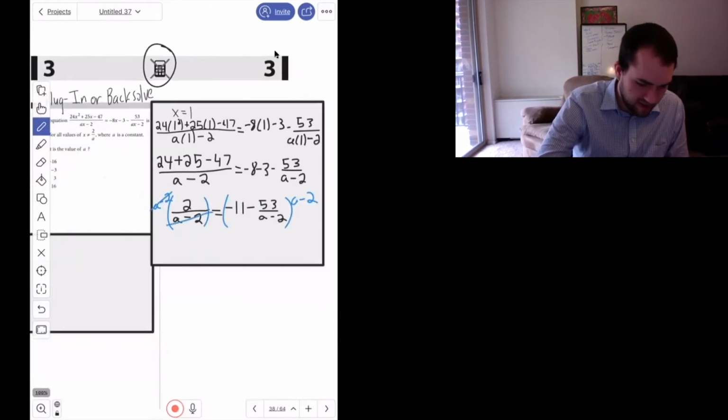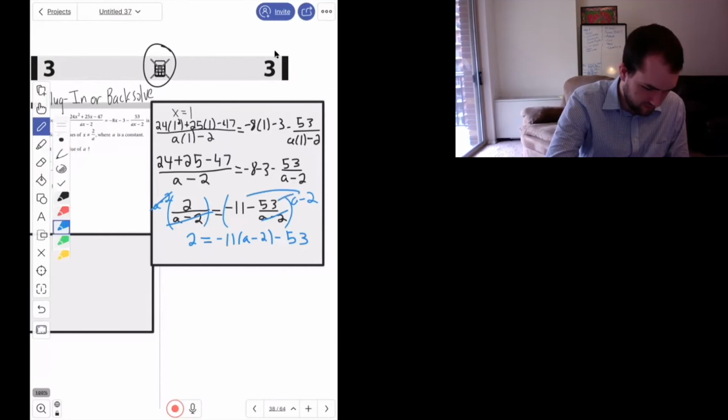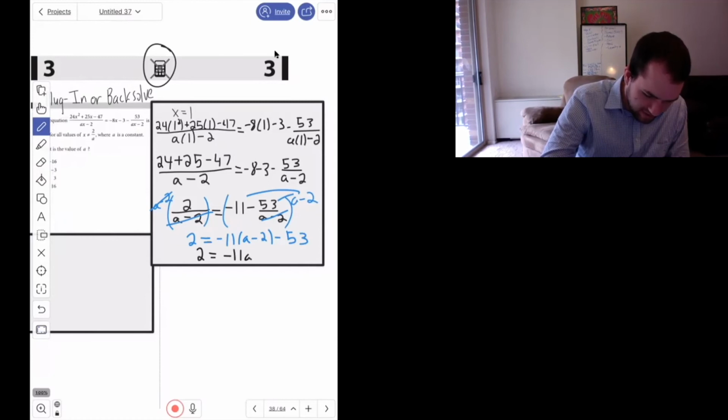The a minus 2's cancel out over here, so I get 2 is equal to, and the a minus 2's cancel down here, and this just becomes negative 11 times a minus 2 minus 53. Not too bad. I simply cancel that on the left side and distribute it on the right side. Simplifying this further, I get 2 is equal to negative 11a plus 22 minus 53.